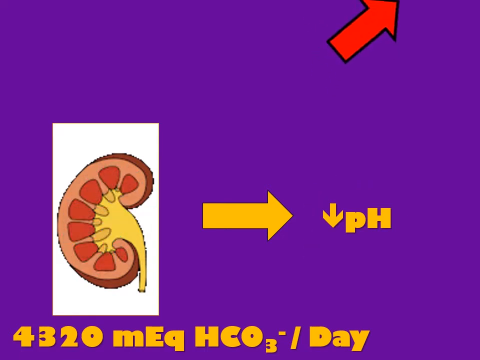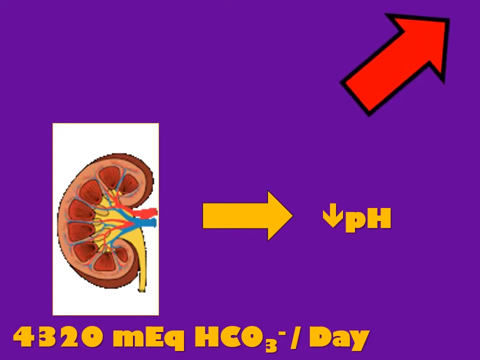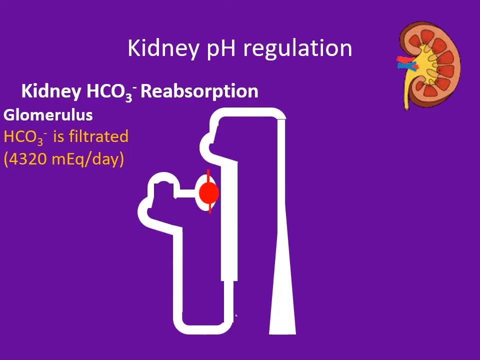Look at my other videos to know why. So to avoid a huge acid-base problem, kidneys need to reabsorb the bicarbonate that was filtered in the glomeruli.